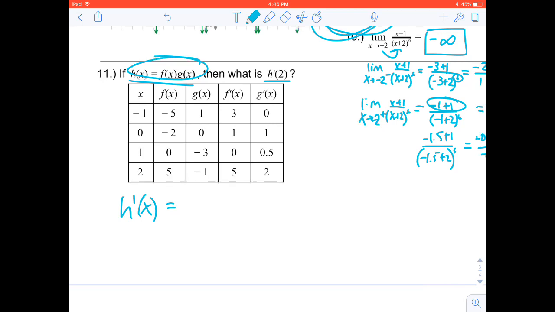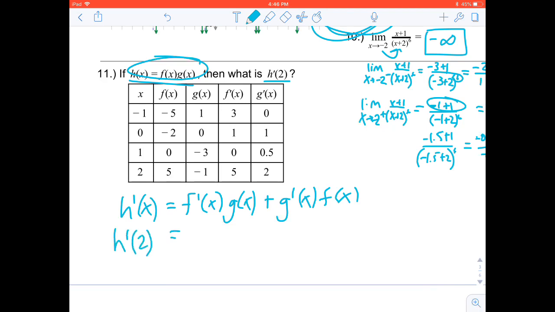The product rule is the derivative of the first times the second plus the derivative of the second times the first. So that is our product rule. And then if we want to find h prime of 2, we're just going to plug in 2 to all of these parts here, just like this.